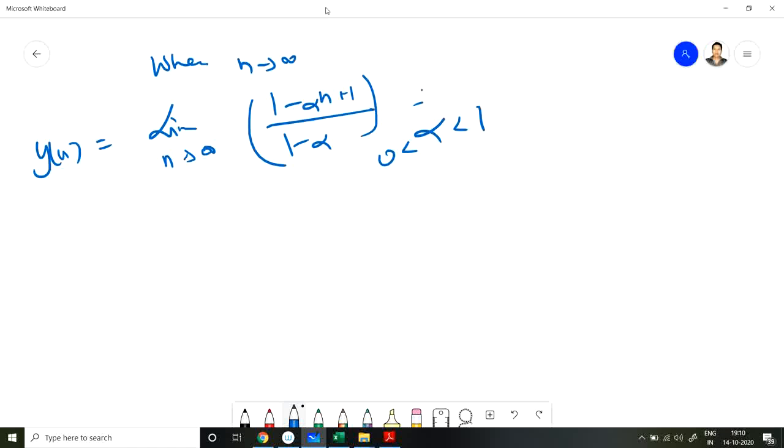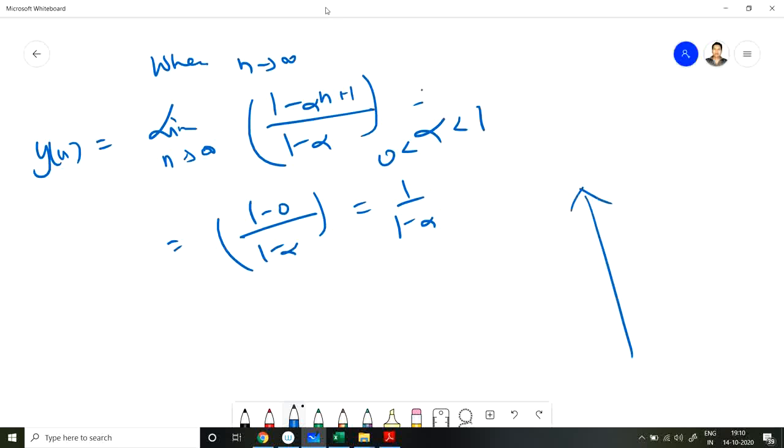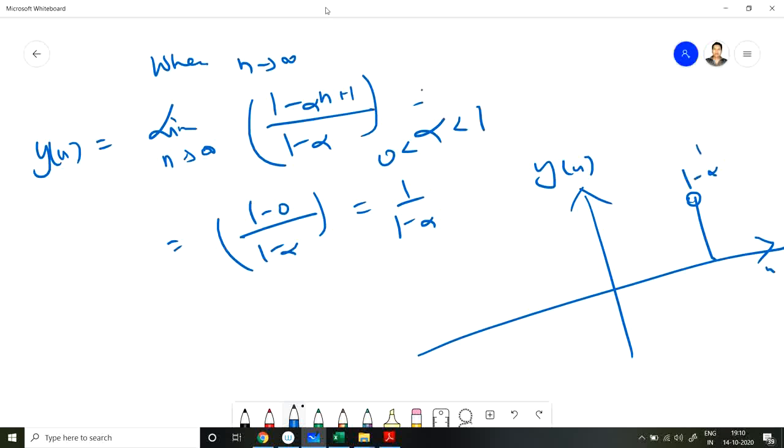So if we take the limit, as n tends to infinity this term will become 0, so we have 1 divided by 1 minus alpha. So if we see the graph of y[n], we will observe that the final value is 1 divided by 1 minus alpha, and it is increasing. So this is the graph of y[n].